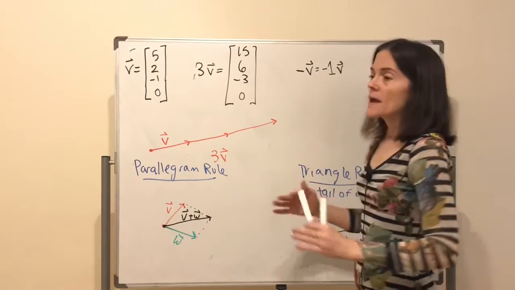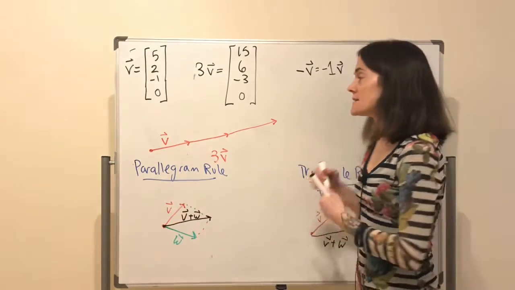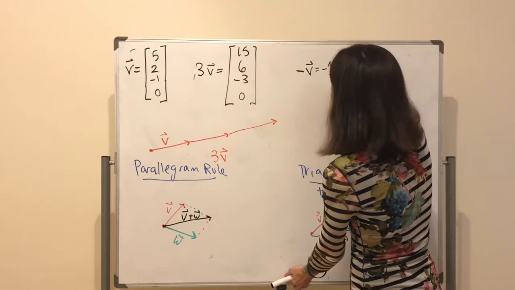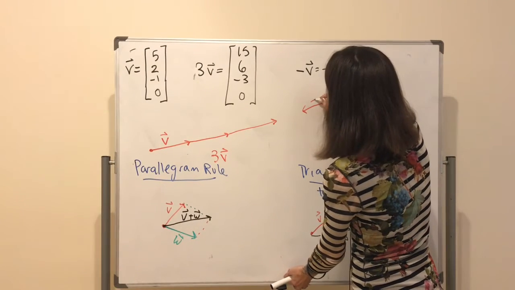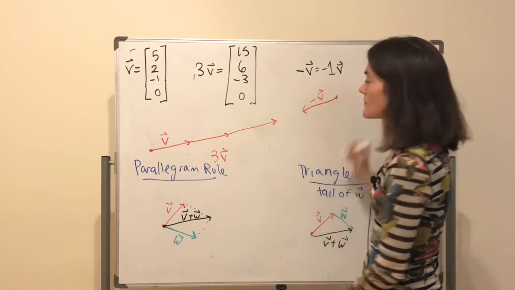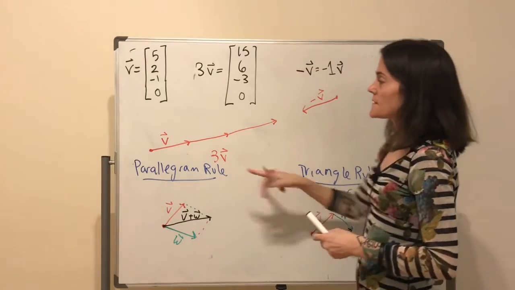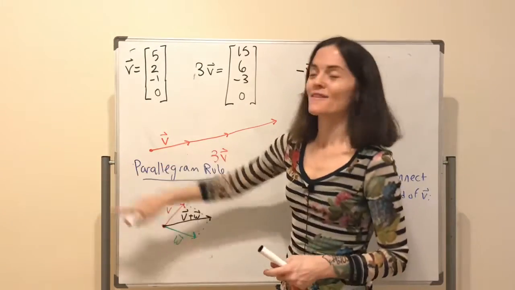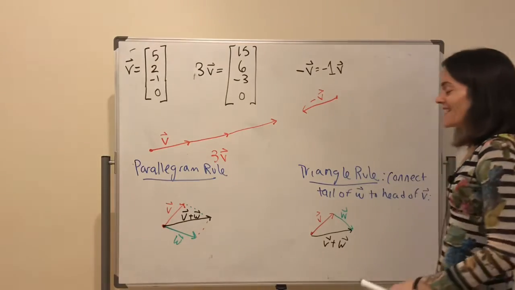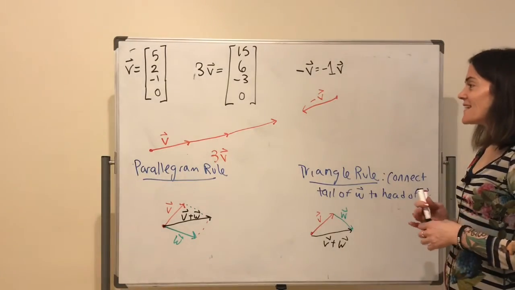The arrow changes to the other direction, so it would be like this, minus V, okay? If this is V, you just flip the arrow around like that, minus V. It's the opposite direction of V.